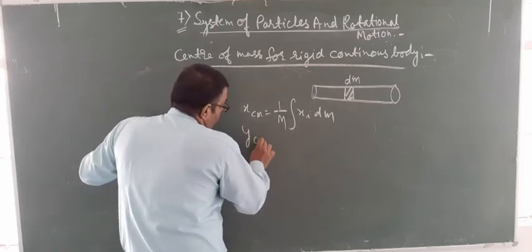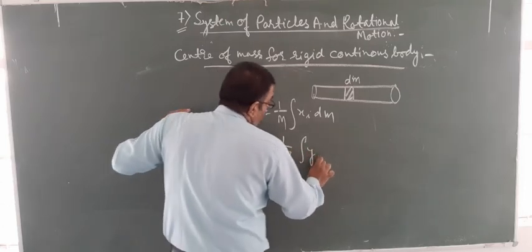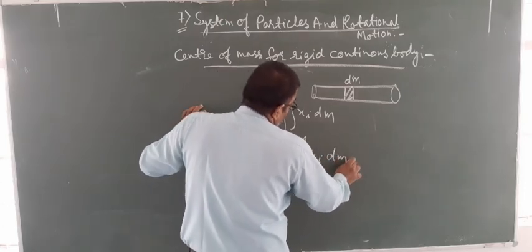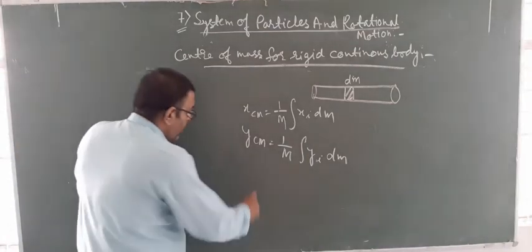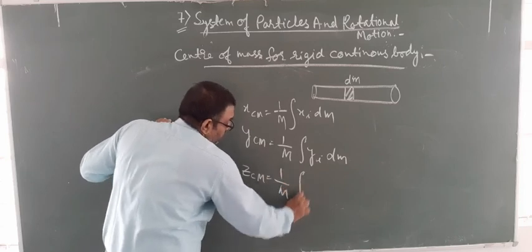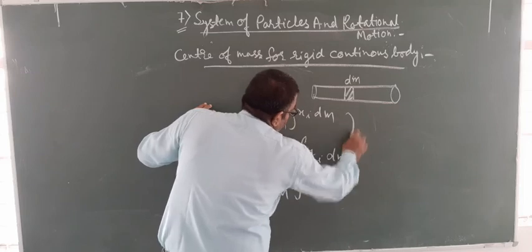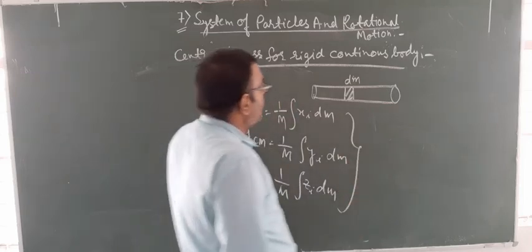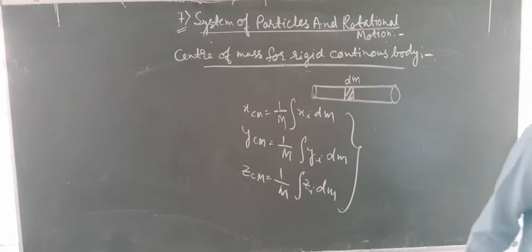Similarly ycm is 1 by M integral of yi dm, the coordinate of that dm along the y axis, and zcm is equal to 1 by M integral of zi into dm. So this is the formula for the center of mass of a continuous body system.